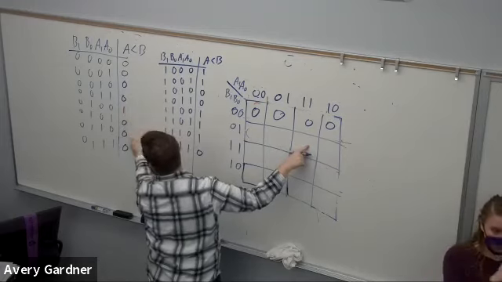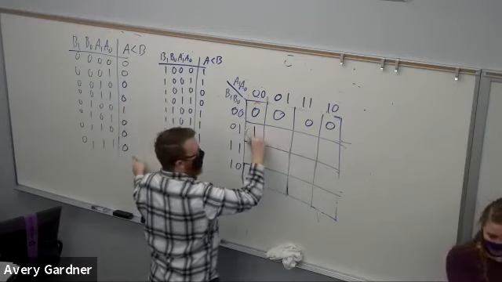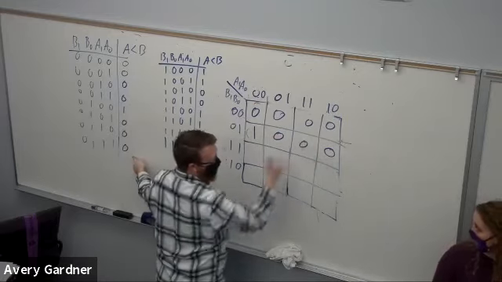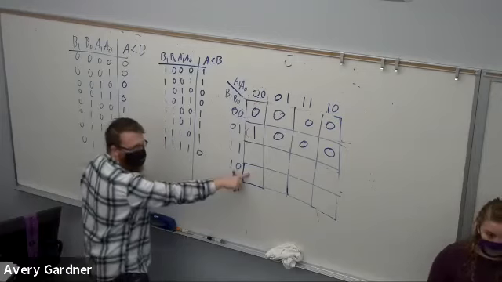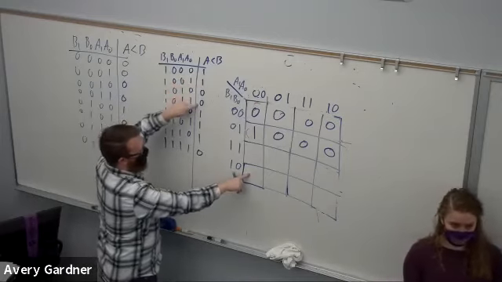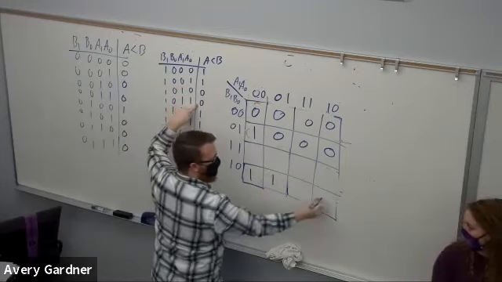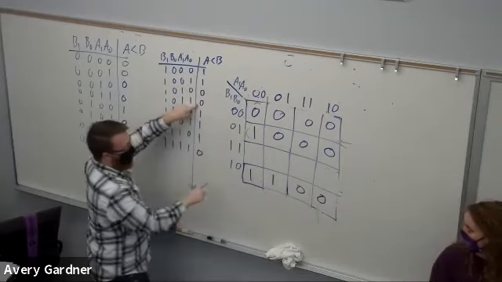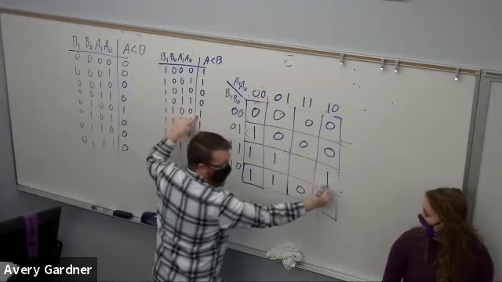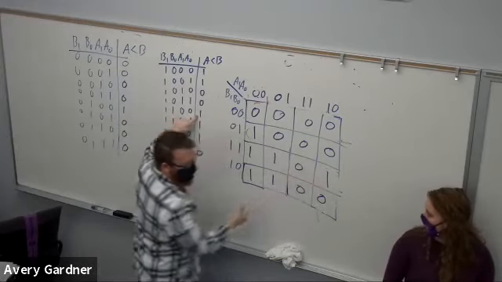Now I do 1, 0, 0, 0. 1, 0, skip to the end for the last 0, 0. Now I'm going to drop down to the bottom row for the next 4, which is 1, 1, 0, 0. And then the middle row for the last 4. 1, 1, 1 at the end, 0.